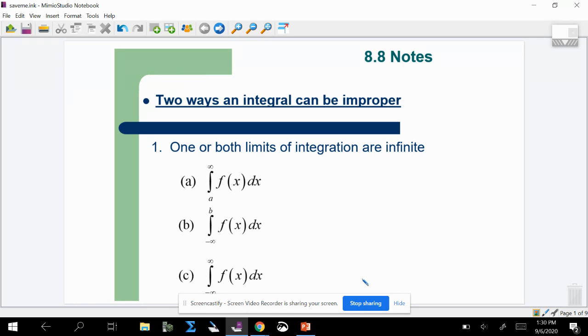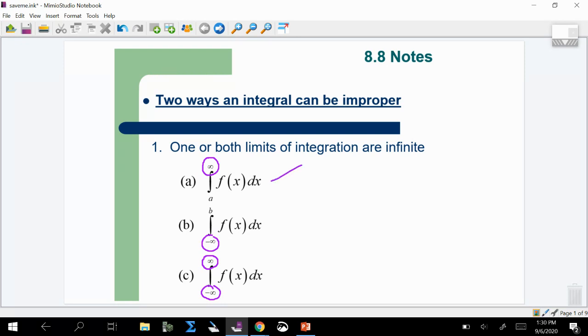The first way that an integral can be improper is if you have a definite integral where one of the boundaries or both of the boundaries are infinite. These are very obvious to see. You'll see an infinity as the upper bound. You'll see a negative infinity as the lower bound, or the worst case scenario, worst case because it's the most amount of work, both of your boundaries are infinite, your lower boundary being negative infinity and your upper boundary being infinity.